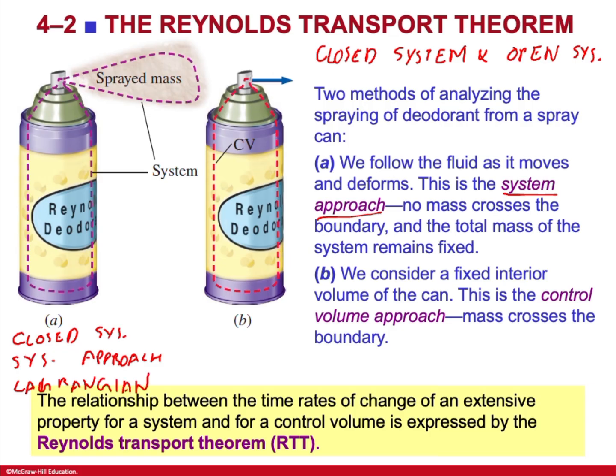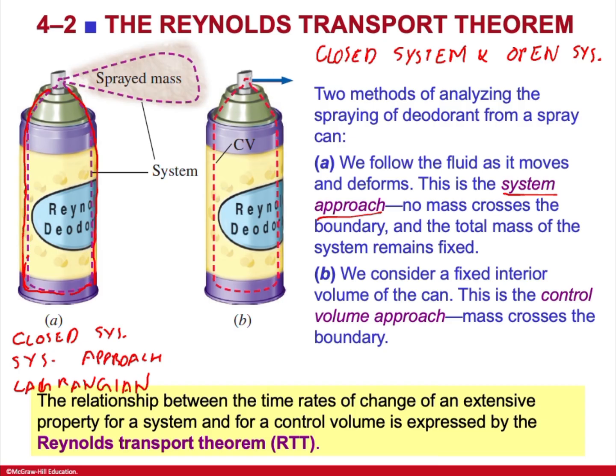Okay, so if it's a closed system, the best way to explain is using this example. Say you're looking at all the spray contents inside this deodorant. Initially you mark this container.